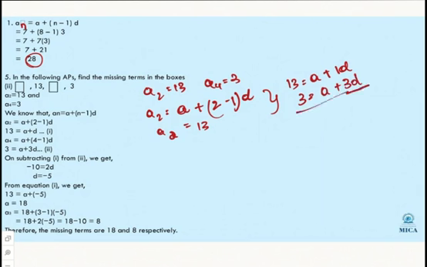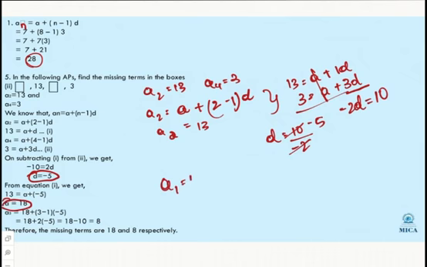By solving the equation, we get minus 2D is equal to 10. So D is equal to 10 by minus 2, which is equal to minus 5. Hence, D is equal to minus 5. And substituting the value of D in one of the equations, we get A is equal to 18. So the first term, that is A1, is equal to 18.